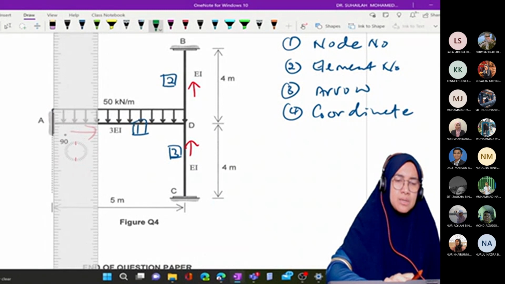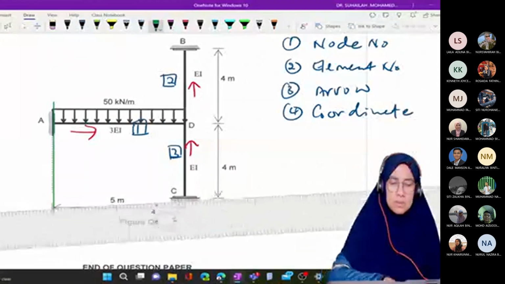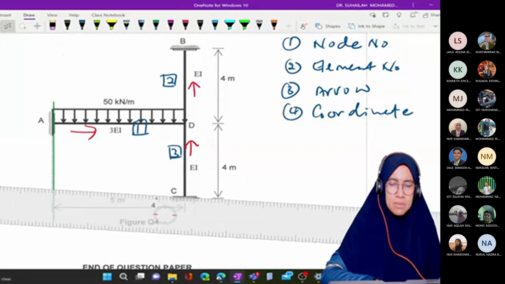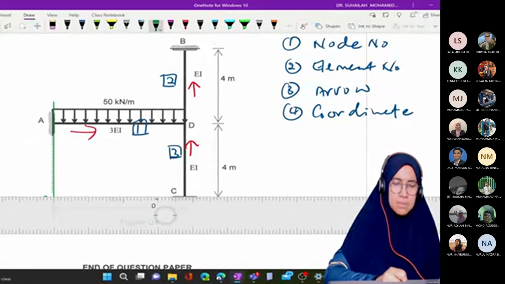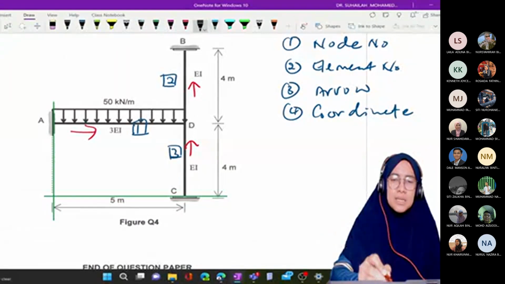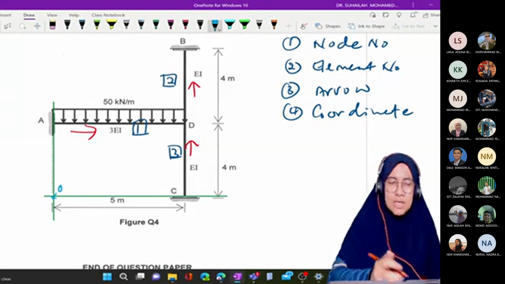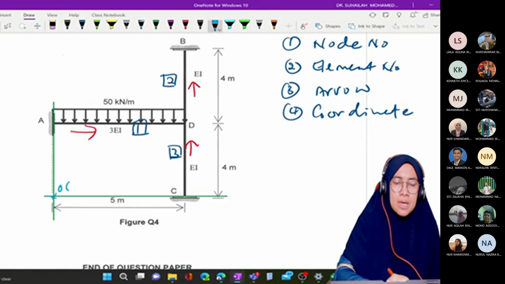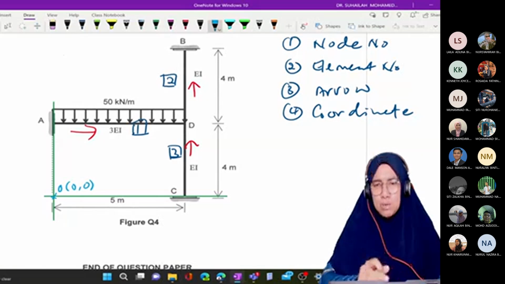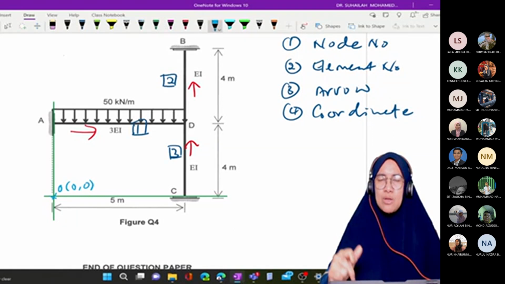and by choosing the new origin, we will get all positive coordinate. You can do like this if you want. Okay, we can do like this if we want. So we label this as 0. Okay, this is origin. So at this point, the coordinate will be 0, 0. So from this origin, then only we label A, B, C, D coordinate.